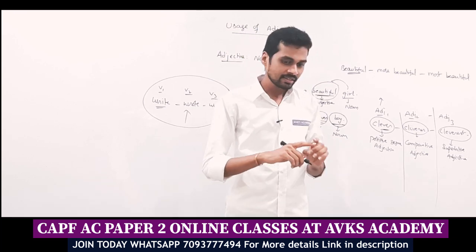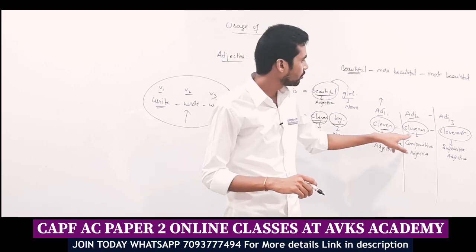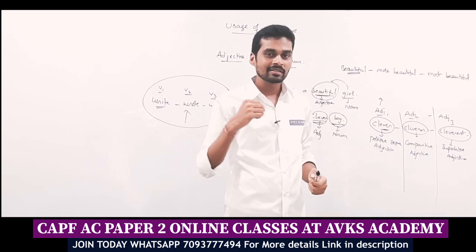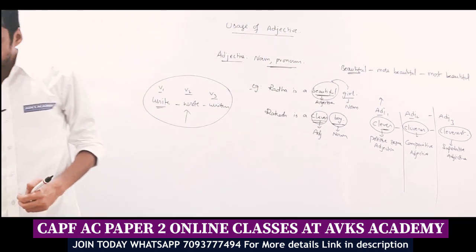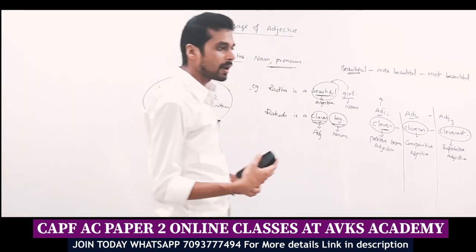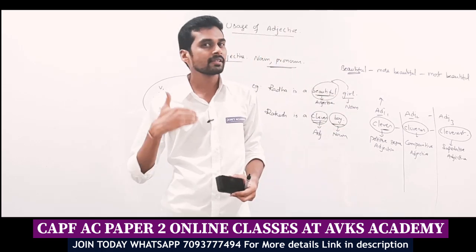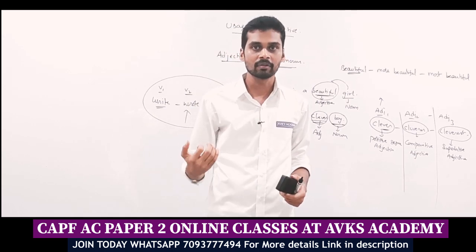If you take any adjective, it will have three different forms: positive, comparative and superlative. These adjective forms are called degrees of comparison. You might have heard this term, maybe in your earlier classes, where you studied positive degree, comparative degree and superlative degree.